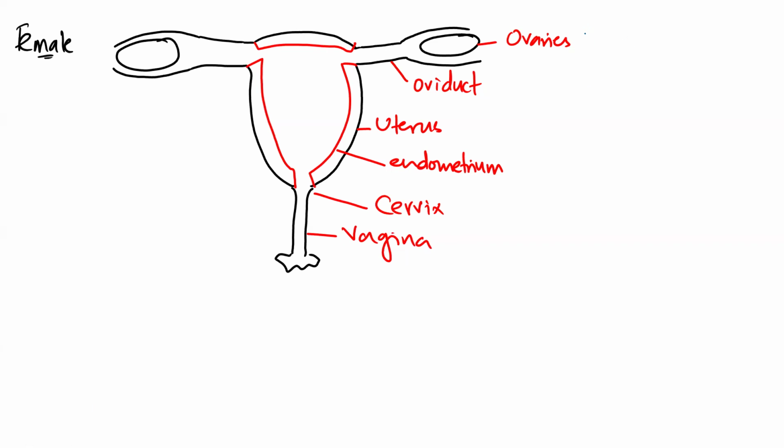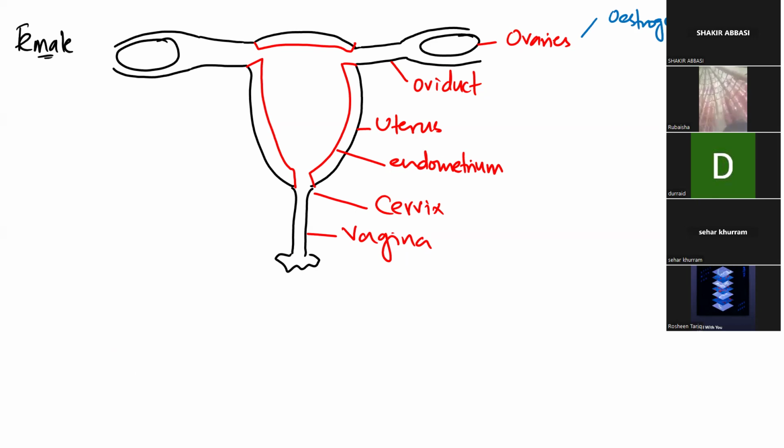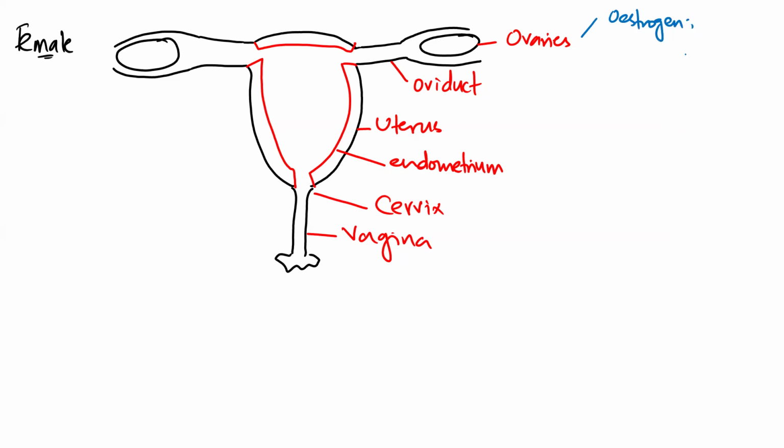So ovaries, children, ovaries produce what? Estrogen. The hormone estrogen, right? And they produce eggs. Obviously, they release eggs. Oviduct is place for dash.